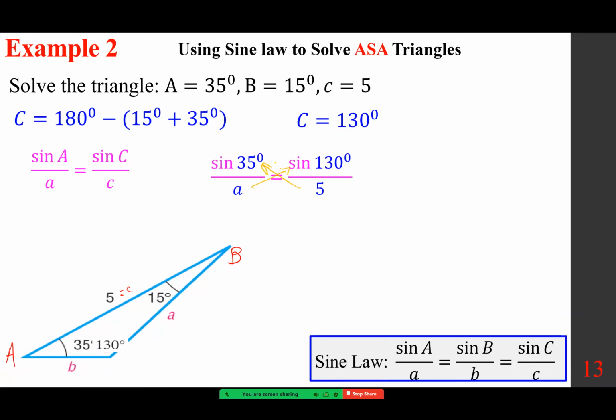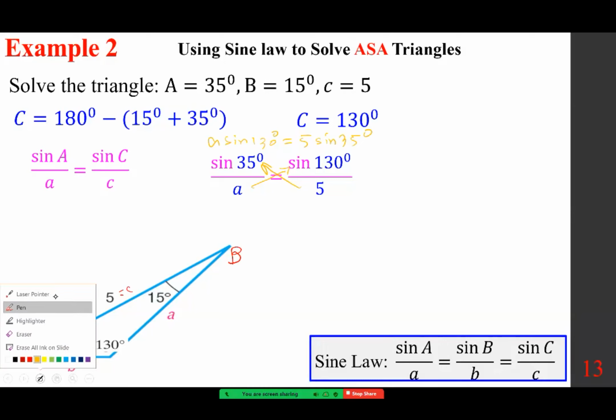But I'll show you one more time here that a sine of 130 degrees is 5 sine of 35 degrees. And all you have to do is divide by sine of 130.